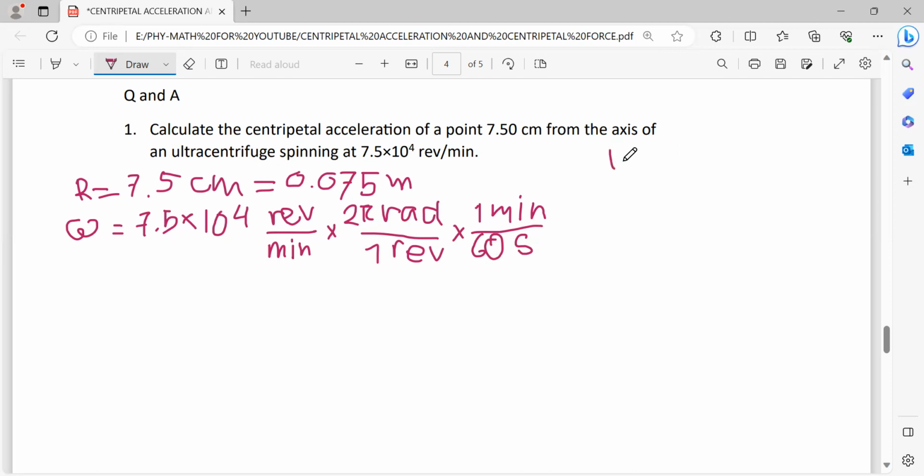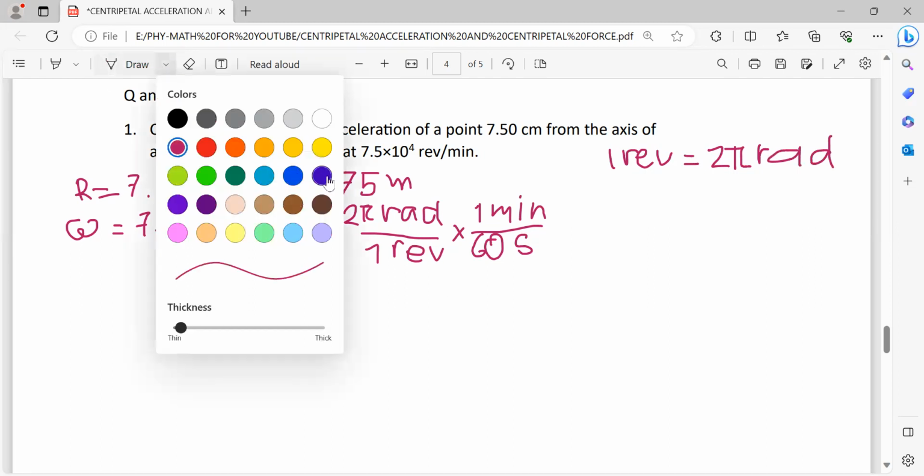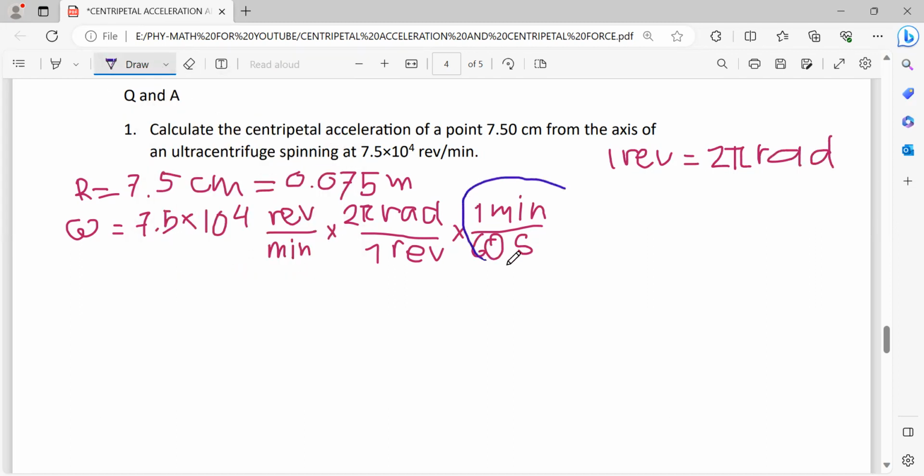Note here that one revolution equals 2 pi radians. So this fraction equals 1 and this fraction as well equals 1.